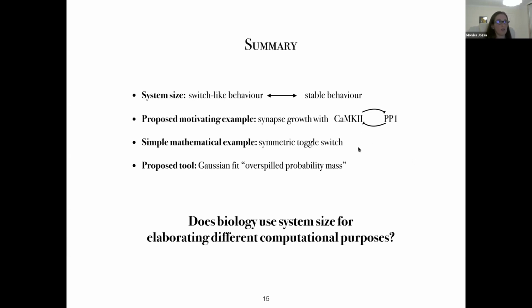And we proposed that this switch-like behavior and stable behavior might be used in dendritic spines. At last, we also talked about an analytical tool to foresee if a system becomes multimodal or not, with the linearization of the system and with this overspilled probability mass, the probability mass that goes beyond the axis.